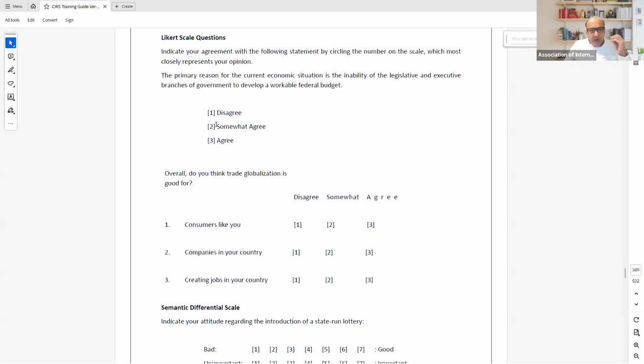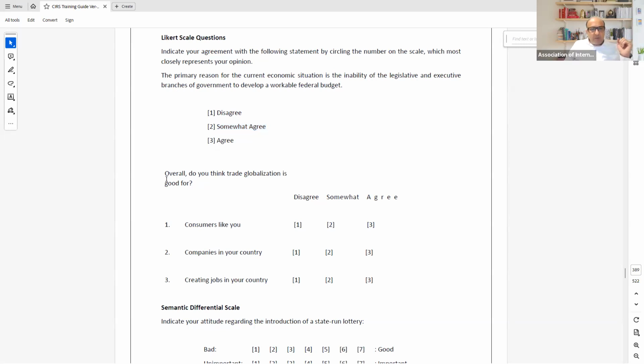Now, when you get somewhat agree, that means people are not sure, right? If you get more of somewhat agree in this question, most of the people perhaps do not agree, or perhaps they're oblivious about it. They're not concerned about it, or it may not be as important. So there could be so many ways in which you can interpret the answer.